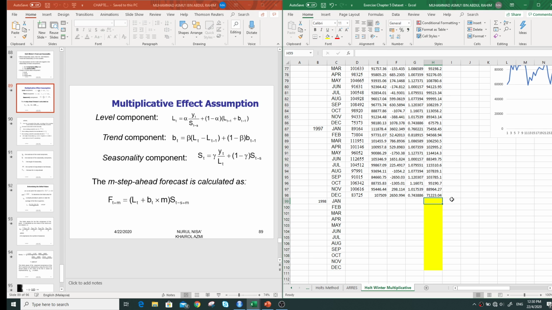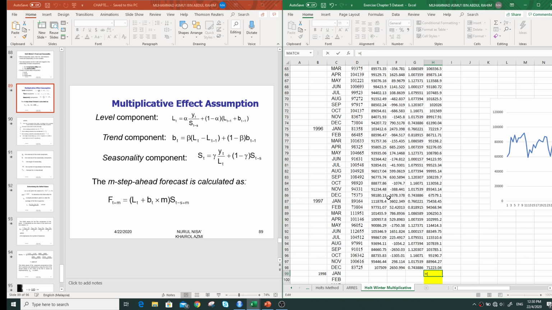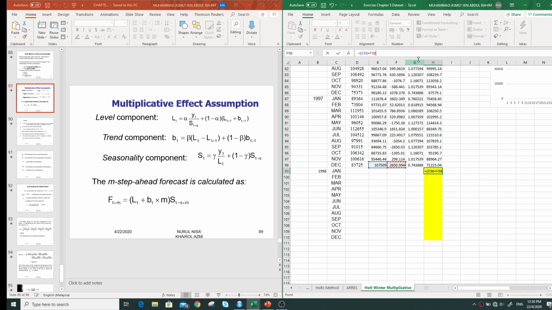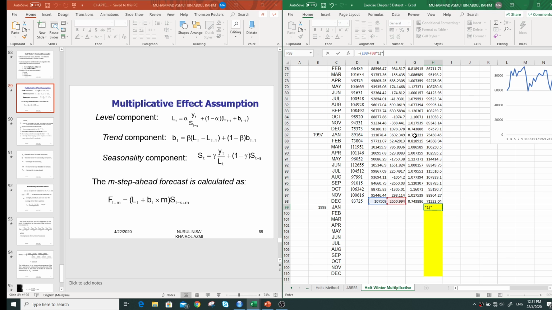The formula for one step ahead is simply Lt plus Bt times 1, times the St here. Just click enter.